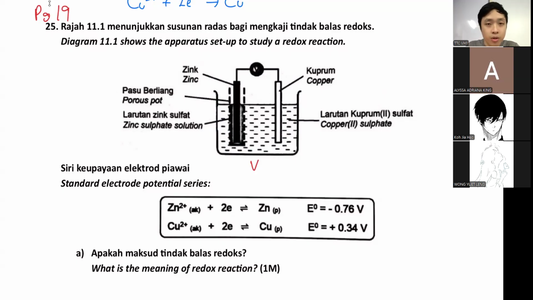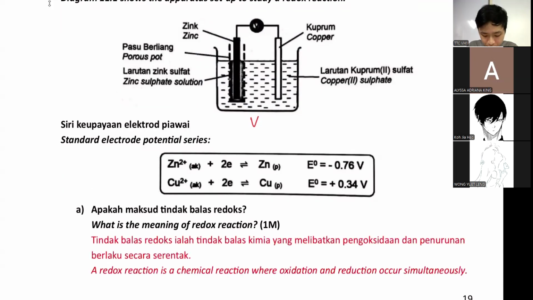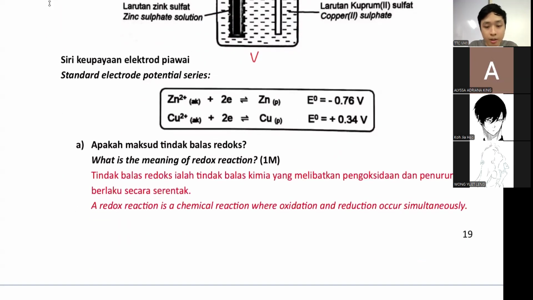This one they frequently ask in essay questions if they come out in Form 5 Chapter 1. So you can write down: it's a chemical reaction where oxidation and reduction occur simultaneously, or you can say happening at the same time.